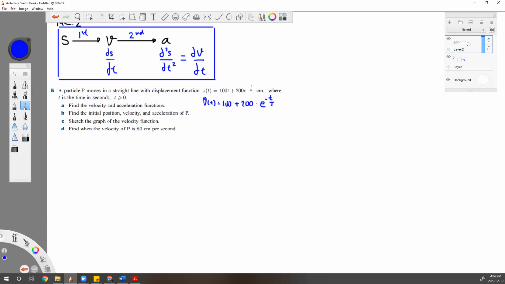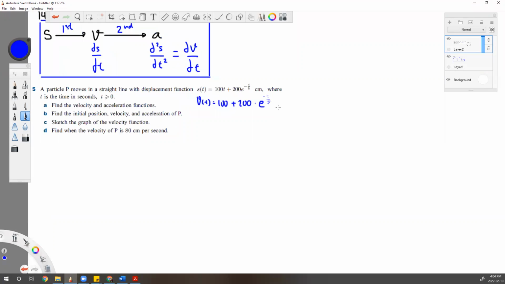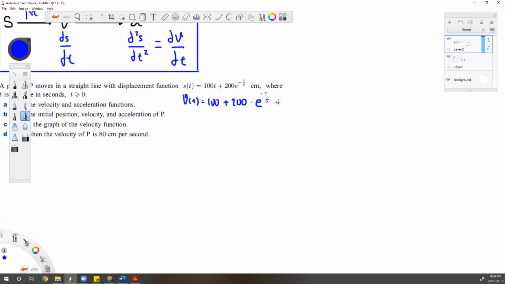So you don't have to change anything, but remember the chain rule, right? Times the inside. Wait, give me a moment. I think I need to use the pen. Negative t over 5, right? And then you multiply by the inside. The inside will be negative 1 over 5 t.